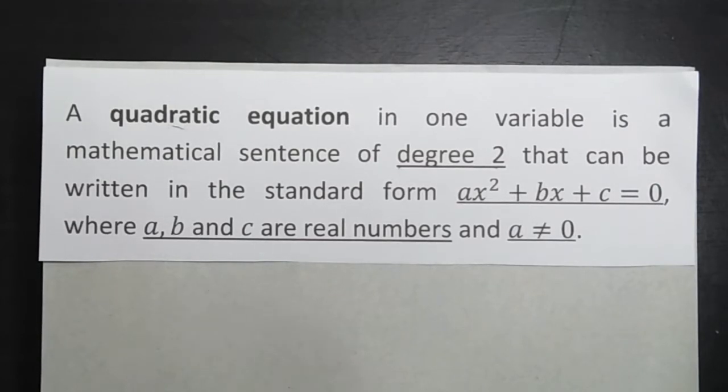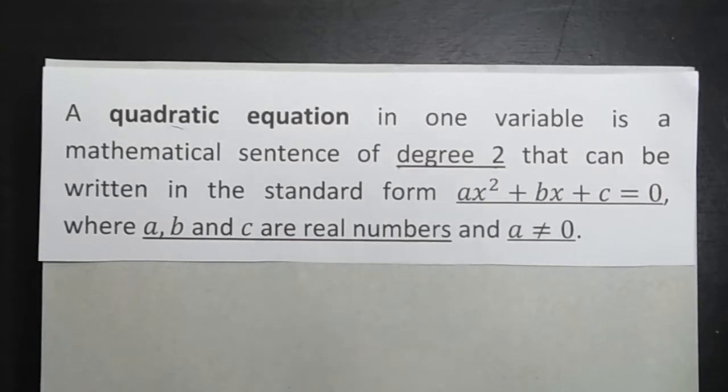If may nakita kayong highest power na more than 2, it is not anymore a quadratic equation. Now, a quadratic equation can be written in the standard form ax squared plus bx plus c equals 0. Hindi lahat ng quadratic equation ay of this form. Ito lang ay ating standard form.